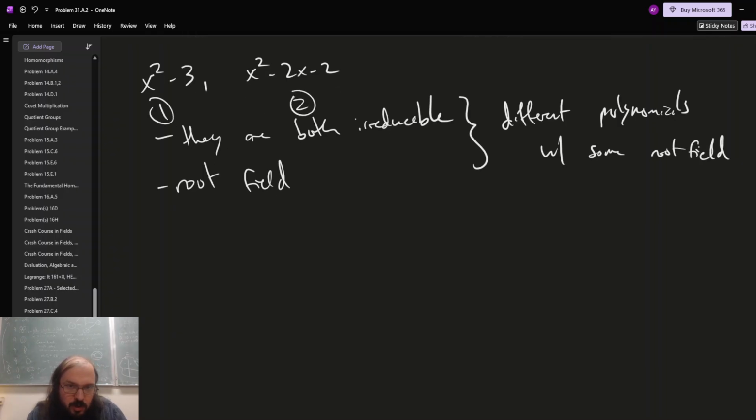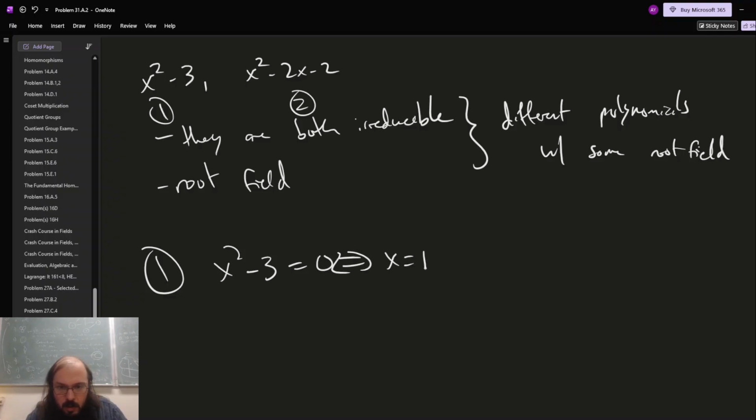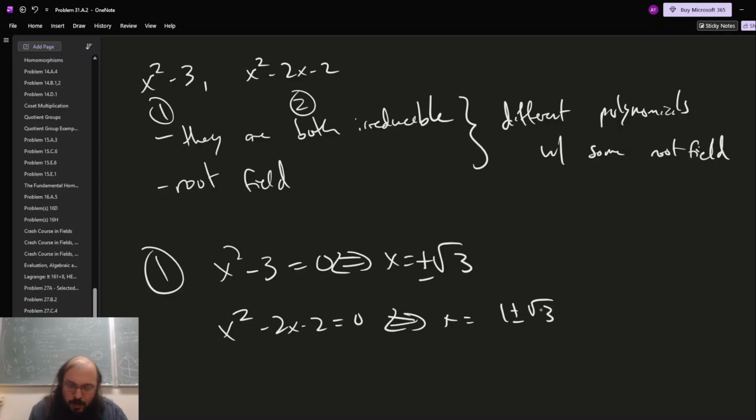Maybe we'll call these guys 1 and 2. The roots of 1 are plus or minus the square root of 3, and the roots of this guy are 1 plus or minus the square root of 3.